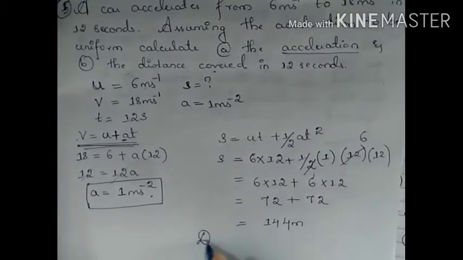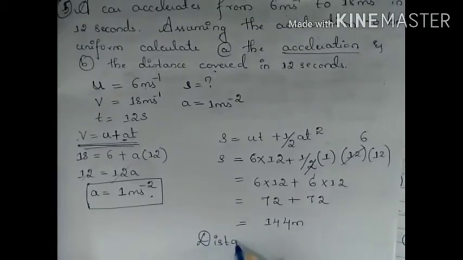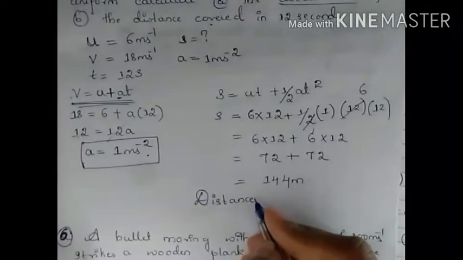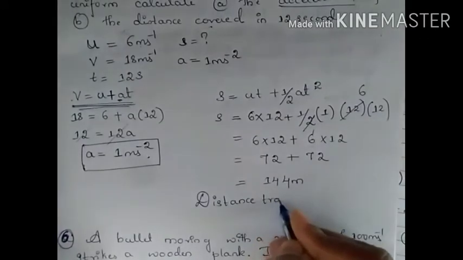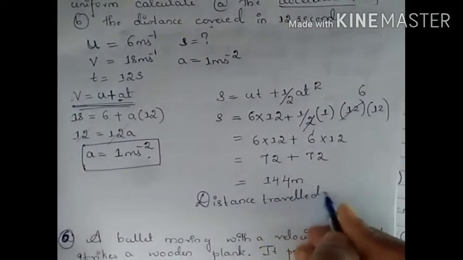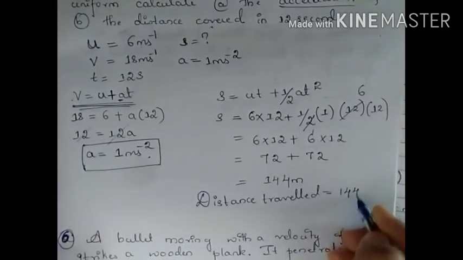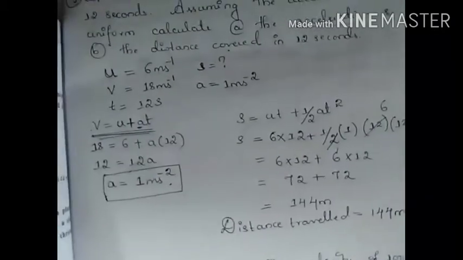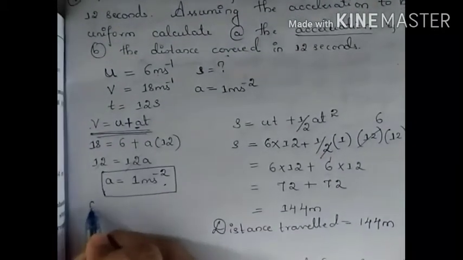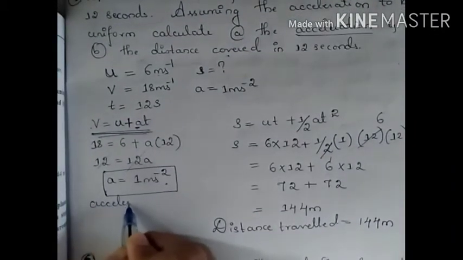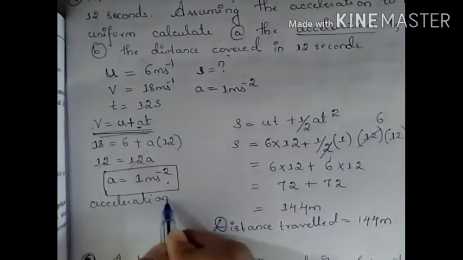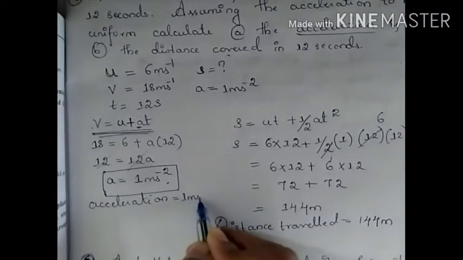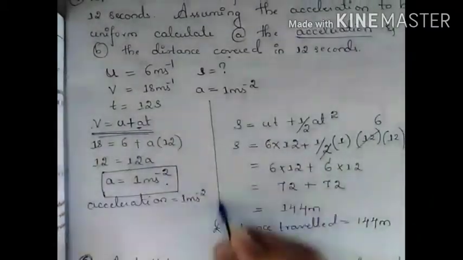So distance traveled is 144 meters. So here acceleration is 1 meter per second square.